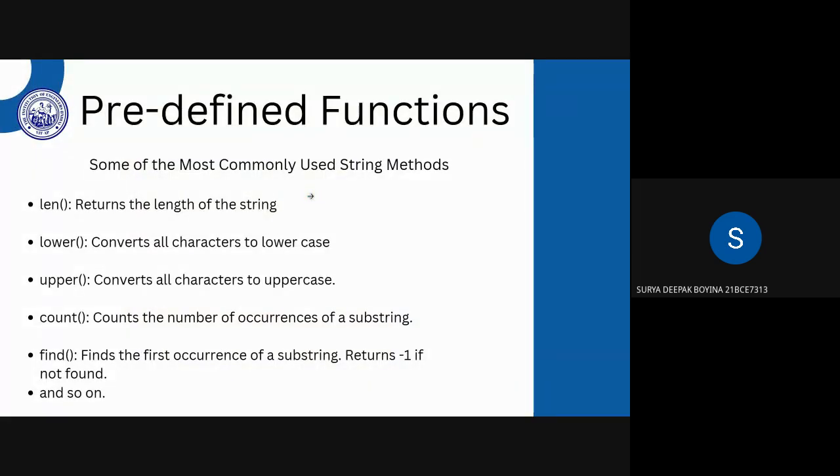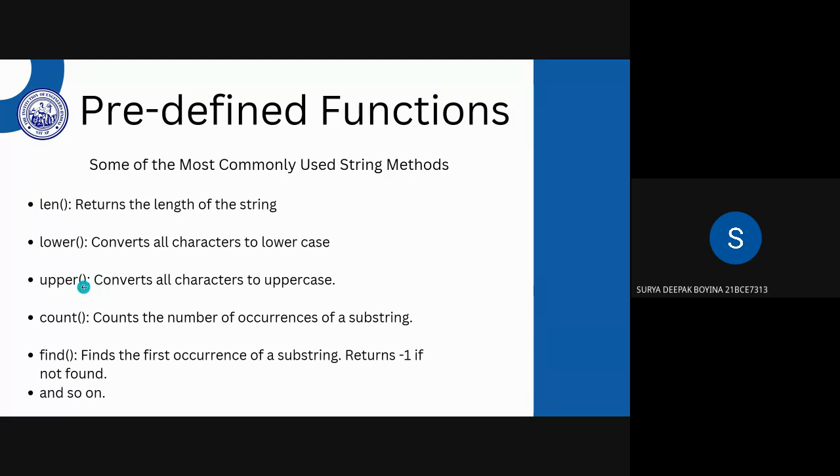There are some other predefined functions available, as in methods, that you can use. One is the length function, which you have used in all your list operations also, which returns the length of the string, as in how many characters are available in that particular string. And this is the lower method, which, if there is some uppercase character in the string, will lower it.